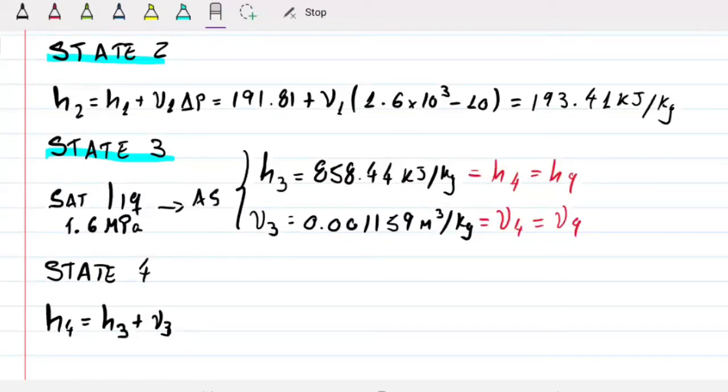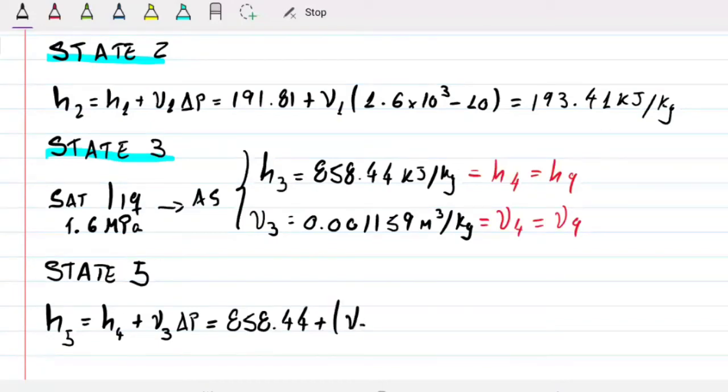Four is the same as 3, so this is 5. 5 will be into 4. Is it 9 megapascals?